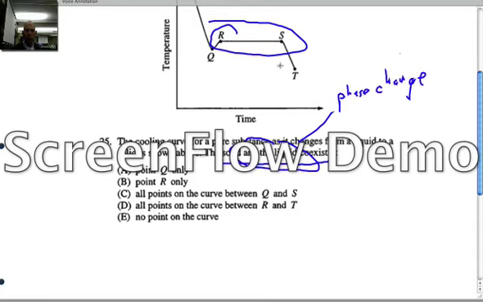In this case, it's freezing because it's a cooling curve. Okay, so they coexist along the line R and S. So it can't be A. Q is not on the line R and S. It is point R only. Between Q and S, it's tempting, but Q is definitely not on that line. Notice Q is right here. The line is up here. All points between R and T: T is not on the cooling curve line. So the answer in this case is going to be B.